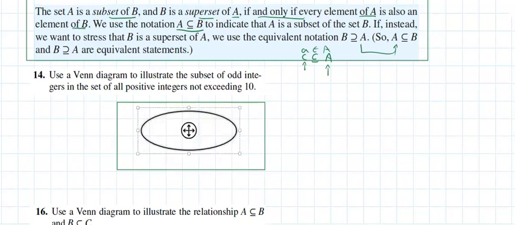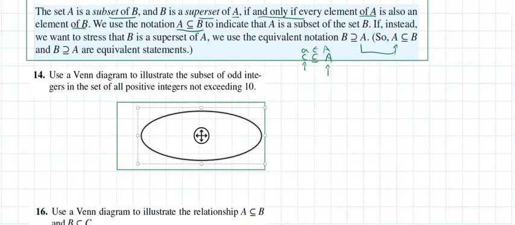Odd integers not exceeding 10. So use a Venn diagram to illustrate the subset of odd integers. Odd integers would be 1, 3, 5, 7, and 9.